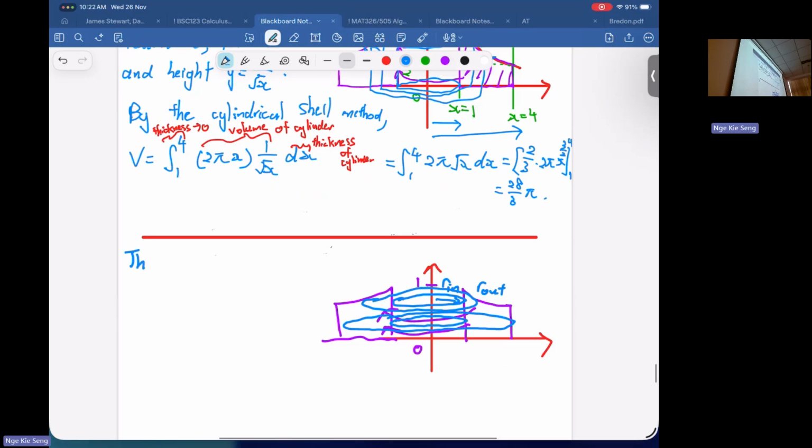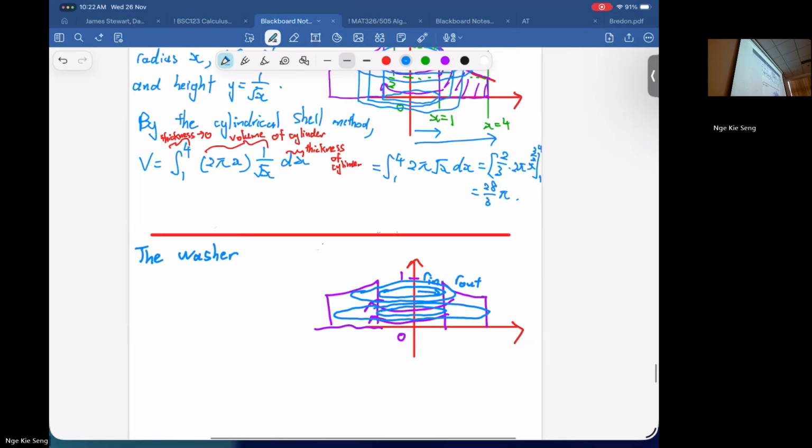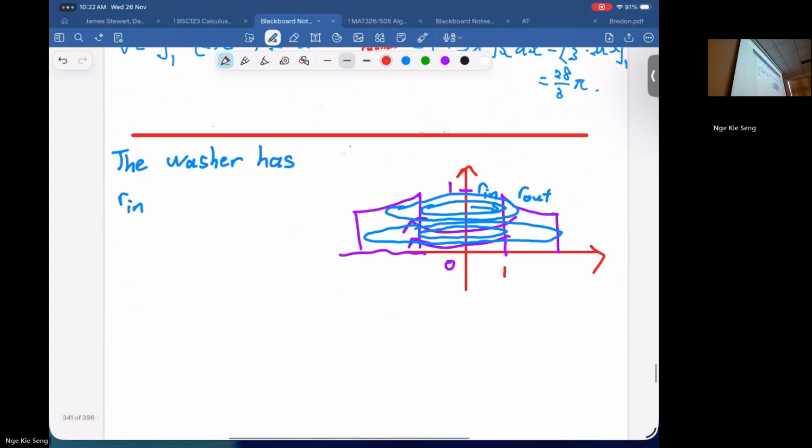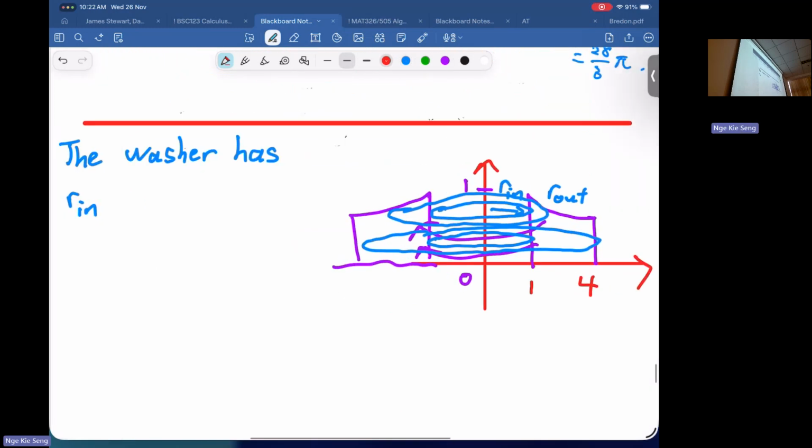So the washer has R in, which is kind of fixed here. R in is always one unit, depending on what unit you use. And how about R out here?